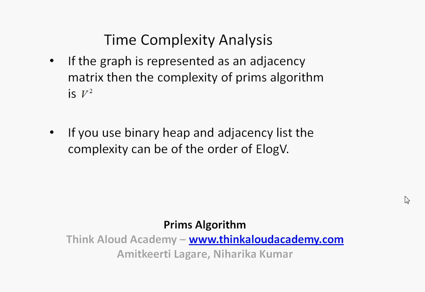If I represent the edges in the form of a matrix, then since I have to have two for loops to go through the matrix, the complexity is V squared. But if you were to represent the graph in the form of a binary heap and the edges in the form of an adjacency list, then the complexity reduces to E log V.